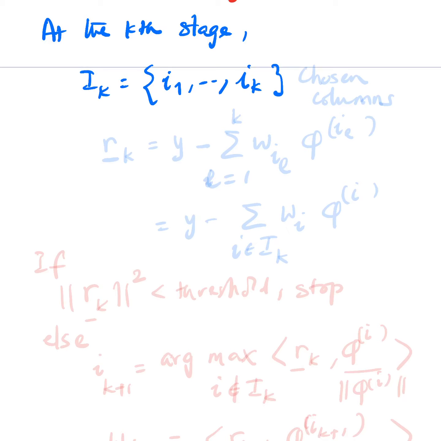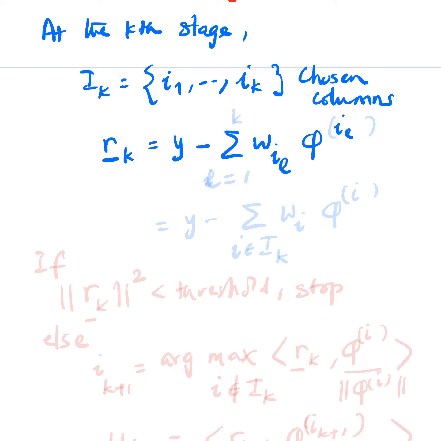These are the chosen columns, and I have some residual R sub k, which is basically Y minus the sum over l of W I_l phi I_l.